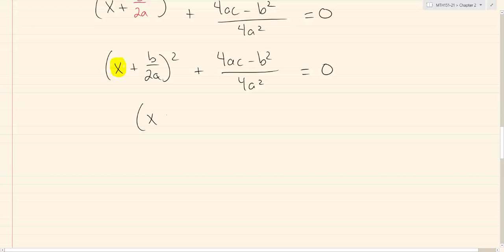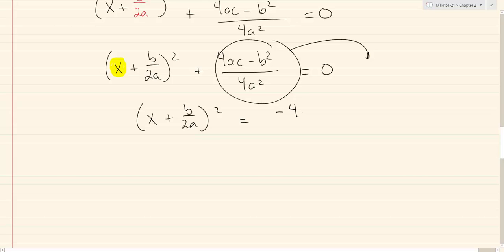So we're going to get x plus b over 2a squared equals, if I kick this whole thing over here, negative 4ac plus b squared over 4a squared. I really don't like having the negative on that 4a squared, so I'll swap the order and just say b squared minus 4ac all over 4a squared. That looks a little bit better, so I don't have that negative as the lead.